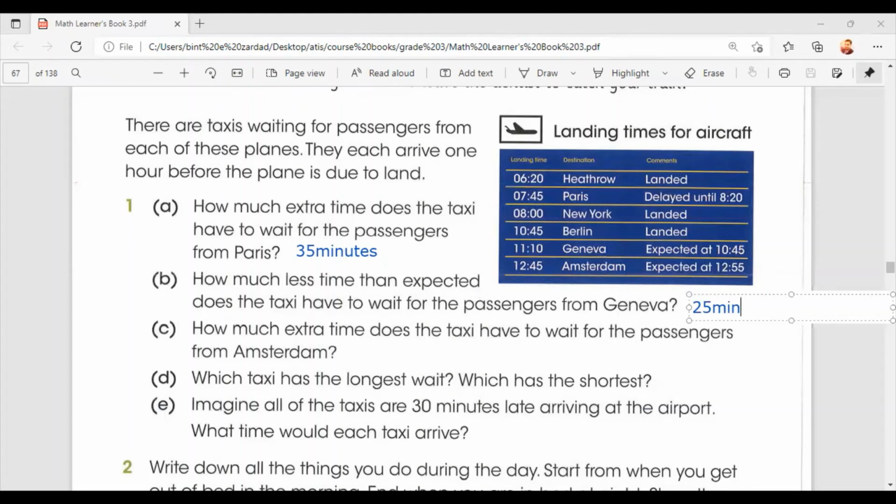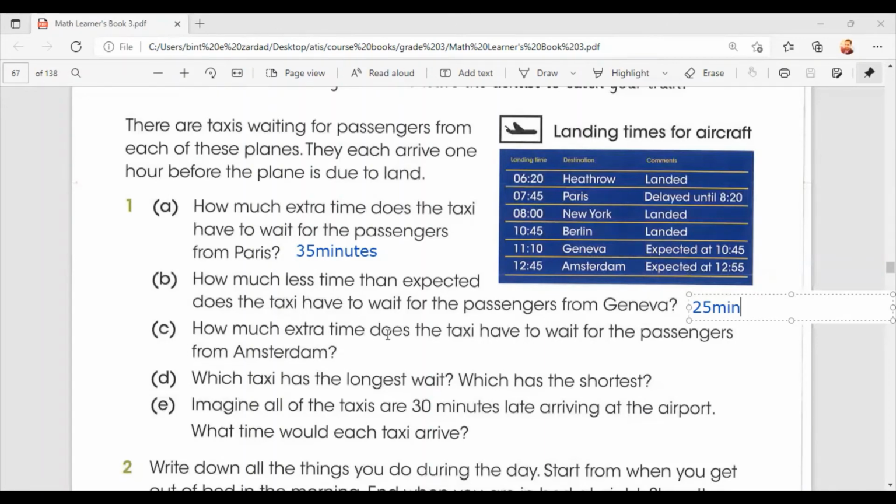Expected time 10:45, but landing time 11:10. From 10:45 until 11 o'clock, 15 minutes, and then from 11 to 11:10, 10 minutes. So 15 plus 10, 25 minutes. So 25 minutes less time.